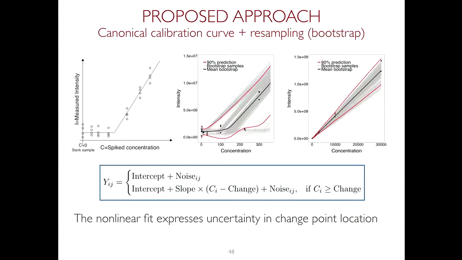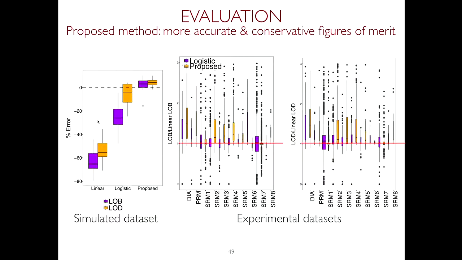What you obtain is that it becomes a straight line if the peptide is entirely within the linear regime of the dynamic range, but it will be a non-linear curve if the peptide is flattening out like that. And this flex point is not the result of the actual flattening of the signal. It's more the result of our uncertainty in the change point of the calibration curve. And so this is also now available. Oh, and just to show, by simulation, we have a whole collection of data sets where we show that this essentially matters quite a bit.